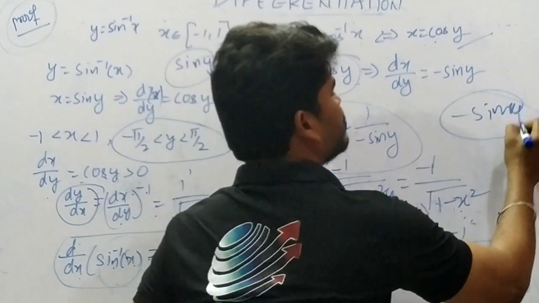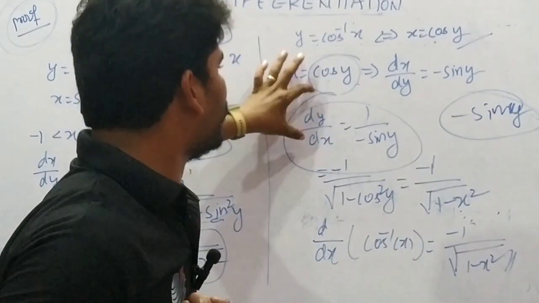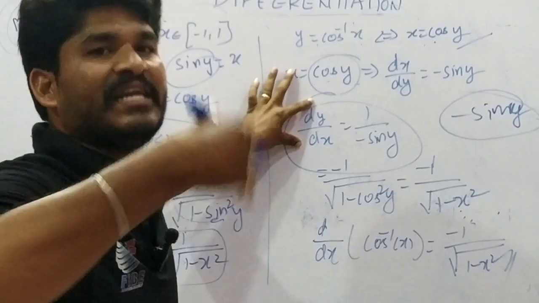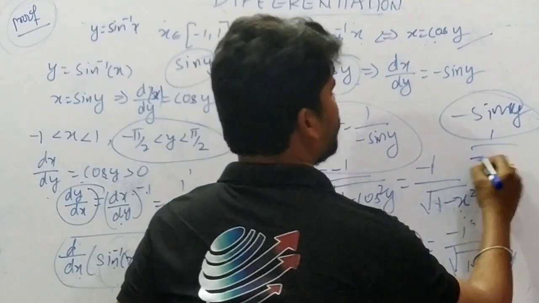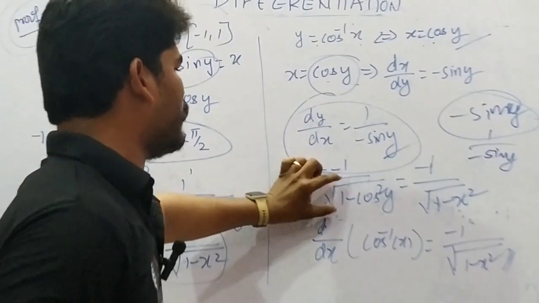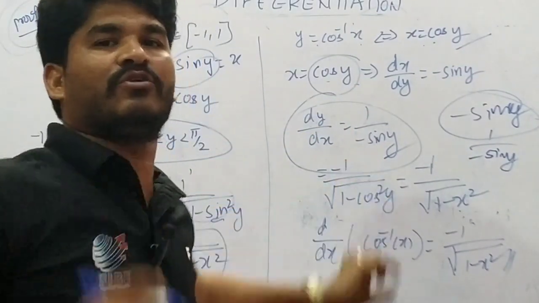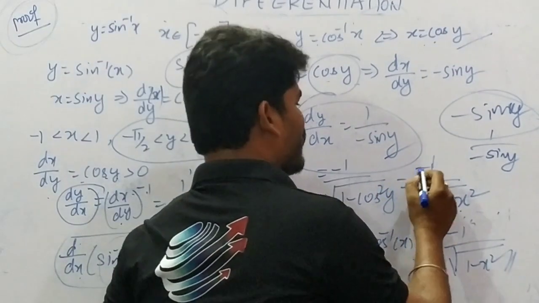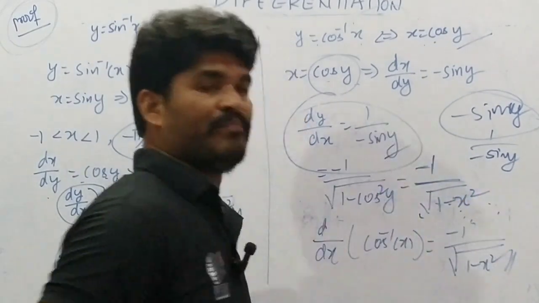But the question asks for cos inverse of x, that's why we take the reciprocal value, 1 by minus sin y. Therefore we get minus 1 by sin y, which is minus 1 divided by root of 1 minus cos square y. In terms of x, it is minus 1 divided by root of 1 minus x square.